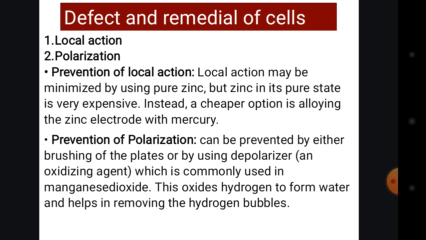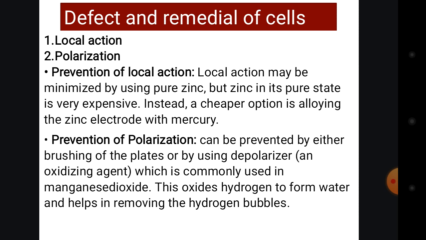So to prevent the local action, we may use pure zinc. The local action may be minimized by using the normal pure zinc. But zinc in its pure state is very expensive in price.